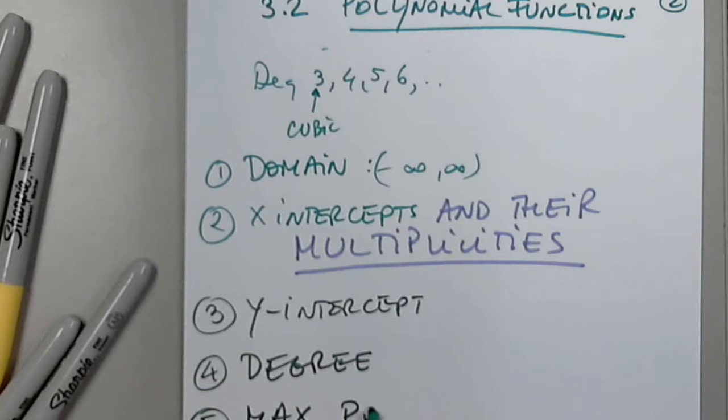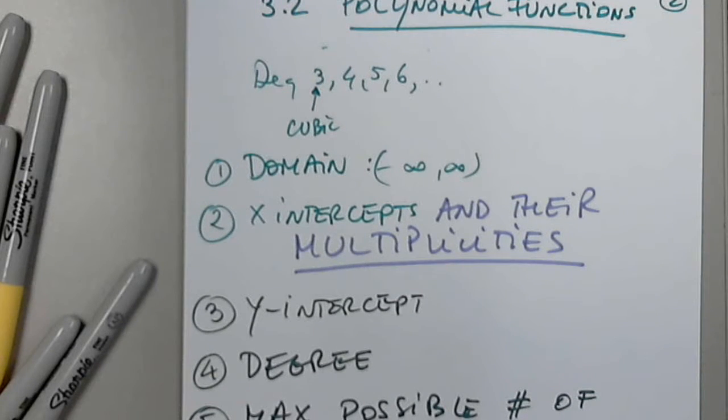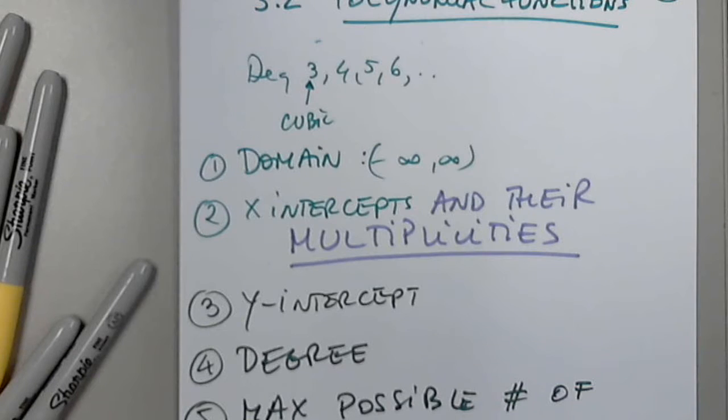Step number 5. Max possible number of turns. We haven't had this before. No, maximum possible number of turns. In other words, by a turn, we mean max or min.